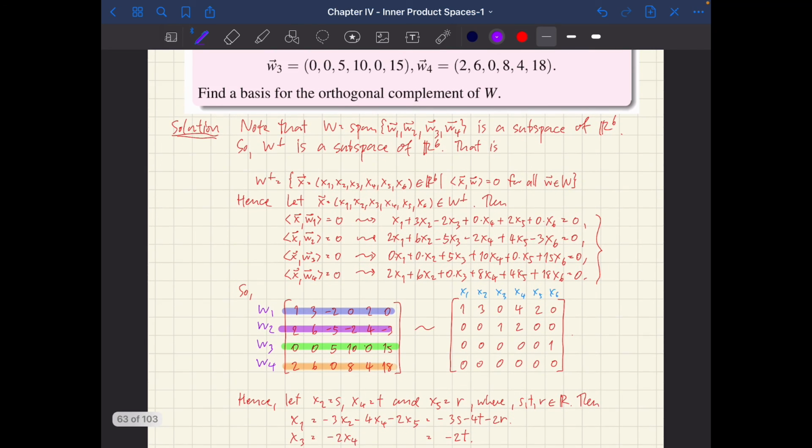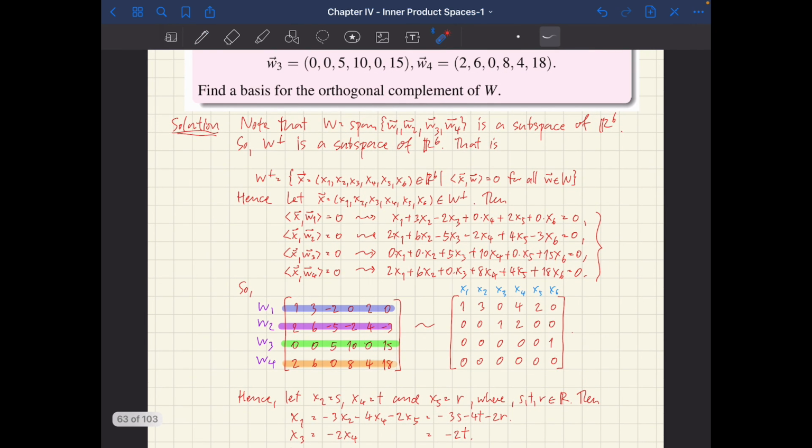Now we use this to obtain the row echelon form like this. It looks like you find a basis for the row space, if you remember the row space of any matrix.